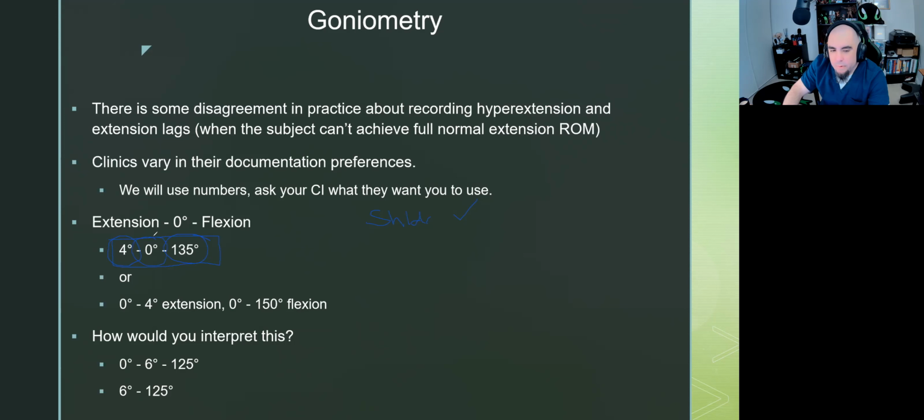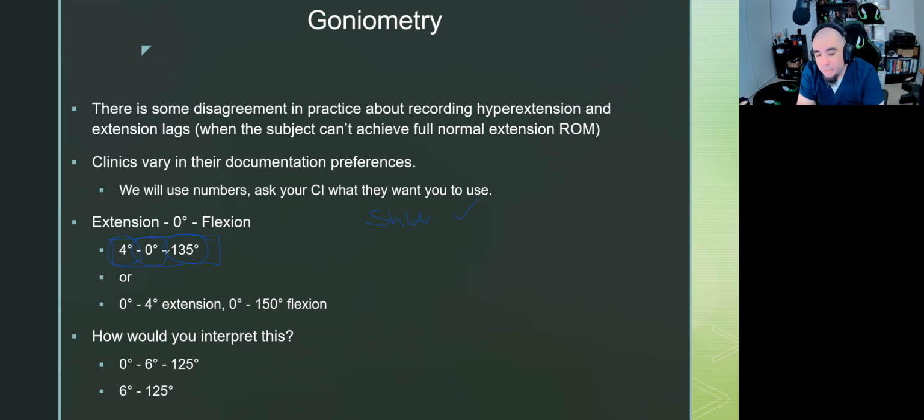What this 0 indicates is they're able to actually achieve 0, or dead down to their side, right? So some clinics will measure that as 4, 0, 135. That's saying they have 4 degrees of extension, 0 meaning they can go to 0, and then 135 degrees shoulder flexion. If your clinic measures that way, that's okay.